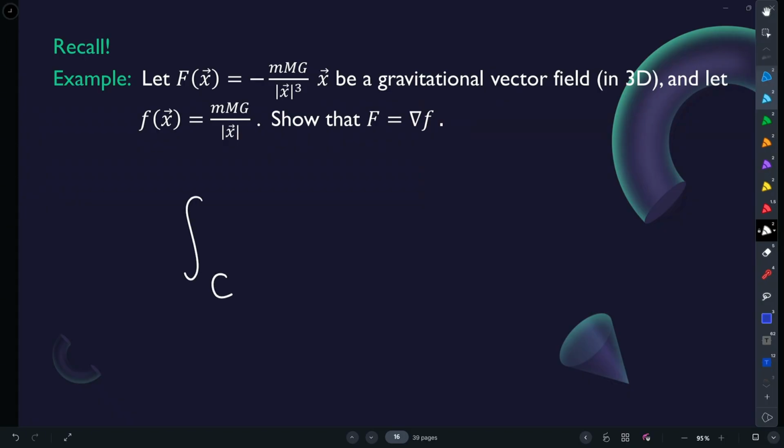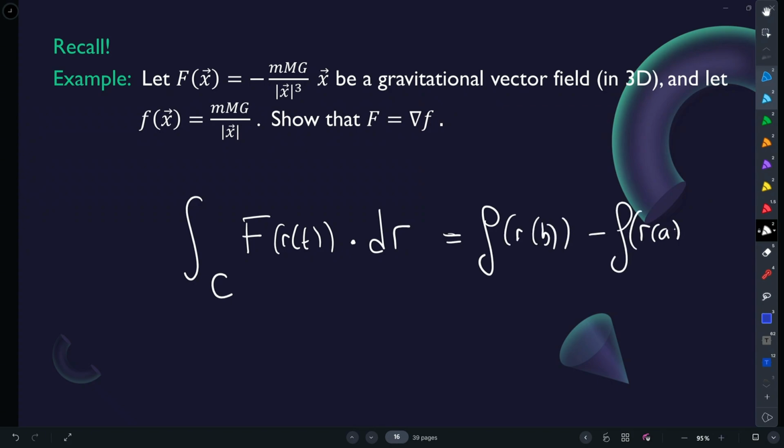If I take a path in space and I have this gravitational field and I want to integrate it along this path, which was the integral that dictated the work, which is a very important quantity to compute, the fundamental theorem of line integrals tells me that I just have to evaluate at the end minus the value at the beginning to find the value of that work.